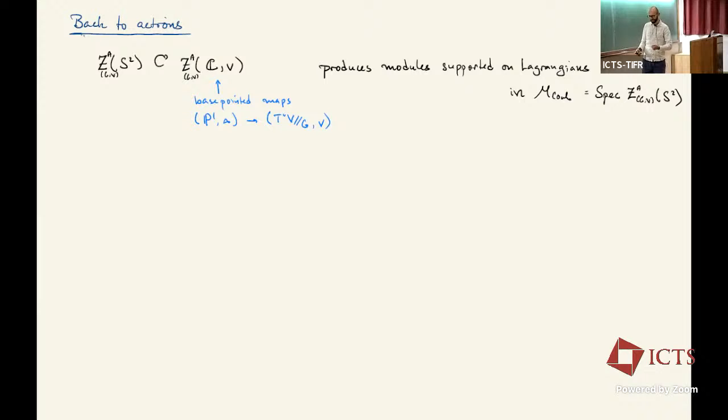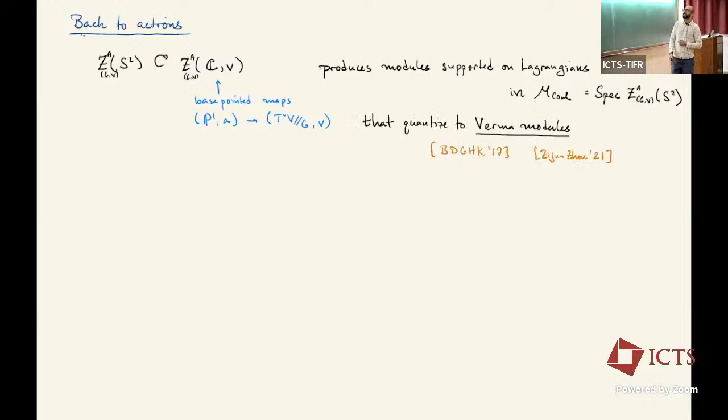They end up being certain flow cycles for Hamiltonian isometries. And they quantize, they're versions of stable envelopes.